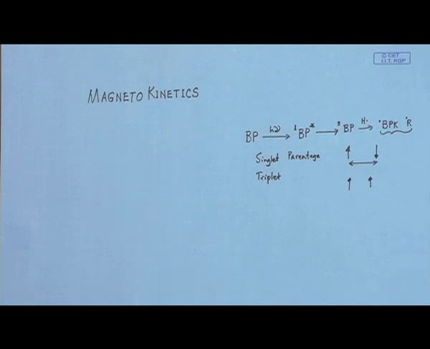If you do photolysis in the presence of an external field, say by means of a simple bar magnet, you take your bar magnet close to the sample compartment or the cuvette, and then shine the radiation, then some differences may be expected.